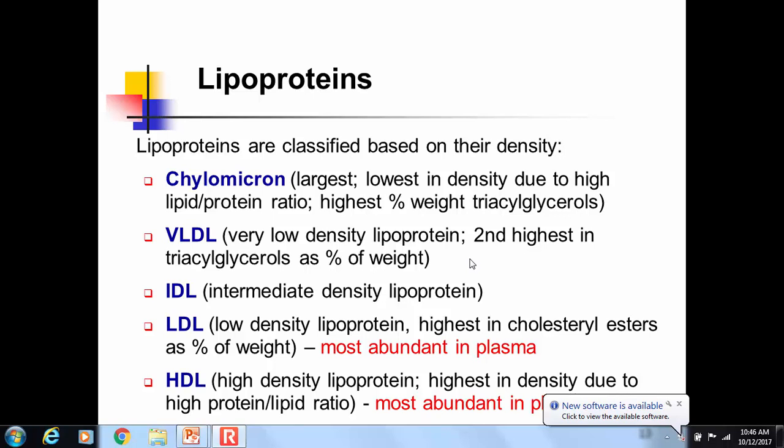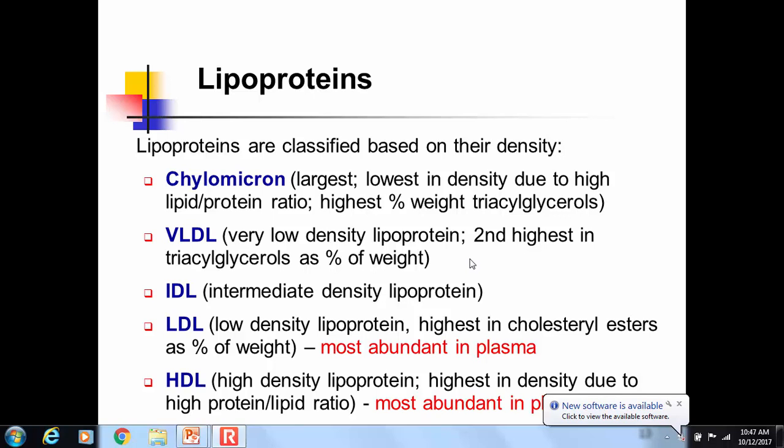And where are lipoproteins primarily located? In the plasma, in the circulation. The majority of lipoproteins are present in the plasma, and their purpose is to help transport lipids between tissues, of course in the circulation, from one tissue to other tissues.